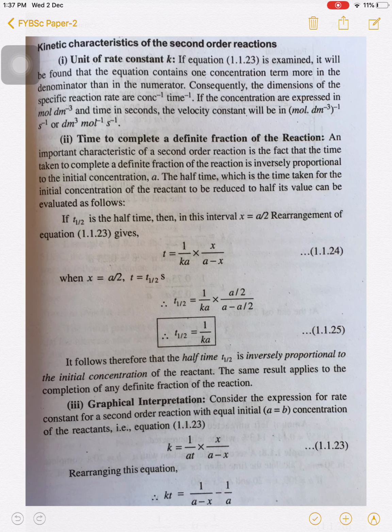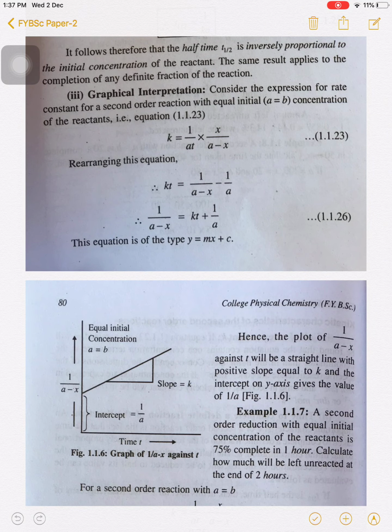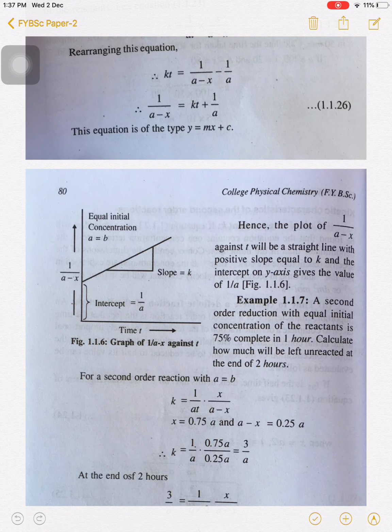The half time for the second order reaction is inversely proportional to the initial concentration of the reactant. And by graphical representation, by plotting 1 upon A minus x against time t, we have a graph which intercepts the y-axis, and the intercept c is 1 by A, and the slope directly gives us the value of K.